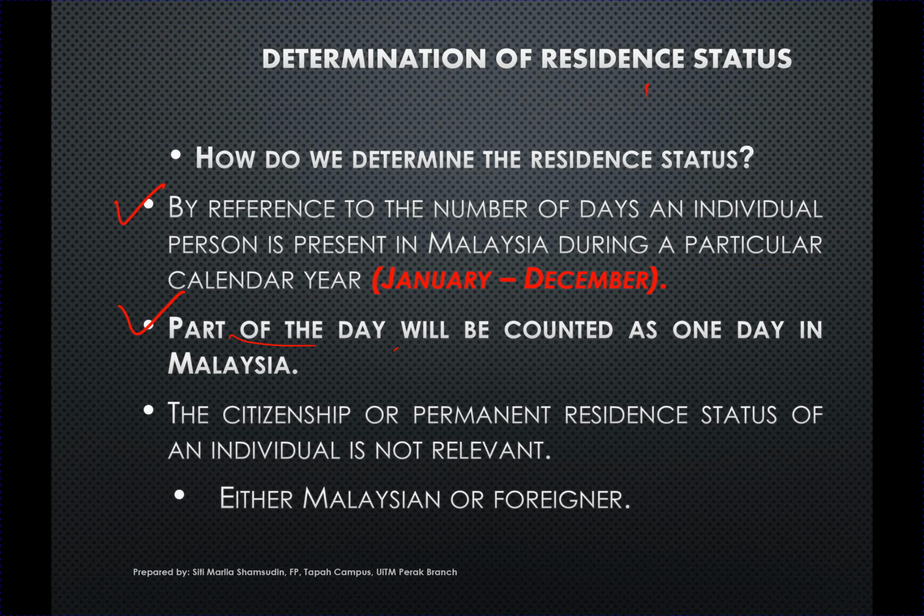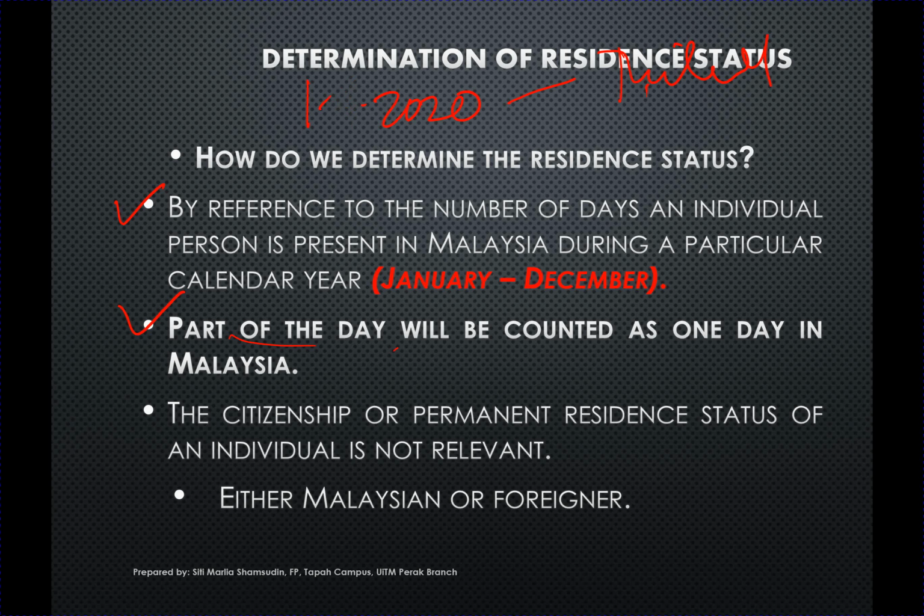Assuming that this person is about to leave Malaysia, dia nak tinggalkan Malaysia pada 1 April 2020, because dia kena pergi ke Thailand. Oh, masa ni dah badly affected by COVID-19.